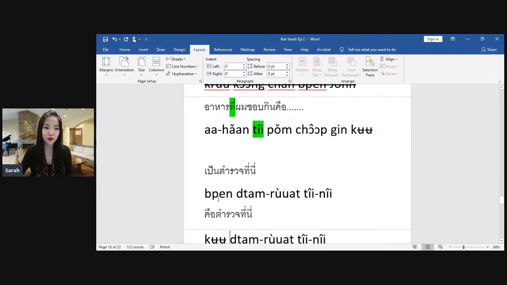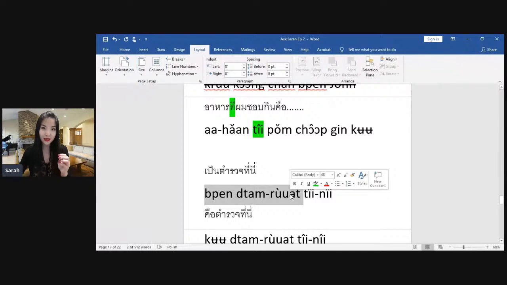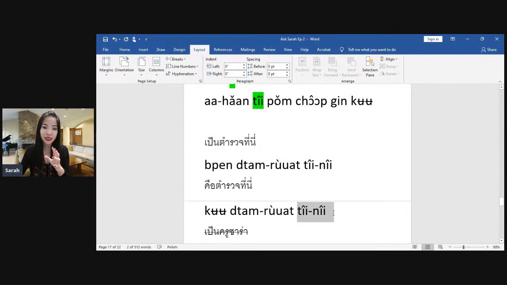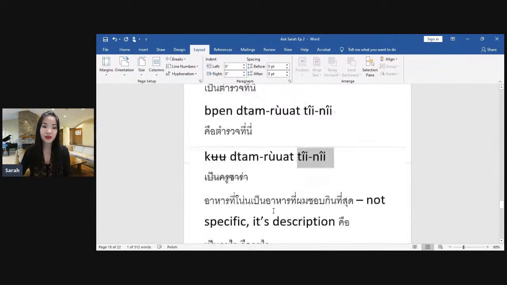For example, เป็นตำรวจที่นี่: ตำรวจ is police, ที่นี่ is here. I am a policeman here. It's fine, but you don't want to say ผมคือตำรวจ. You want to say ผมคือตำรวจที่นี่, because ที่นี่ is more specific. Okay?